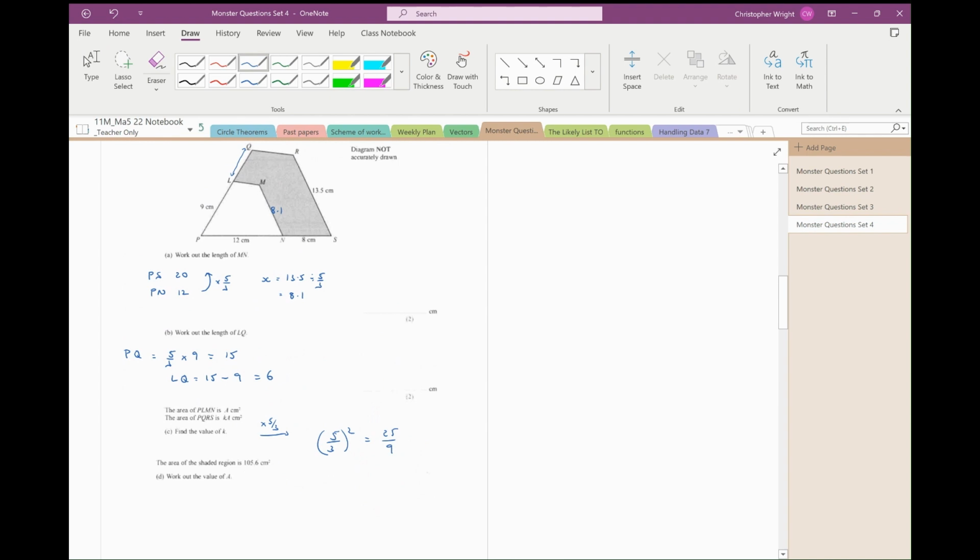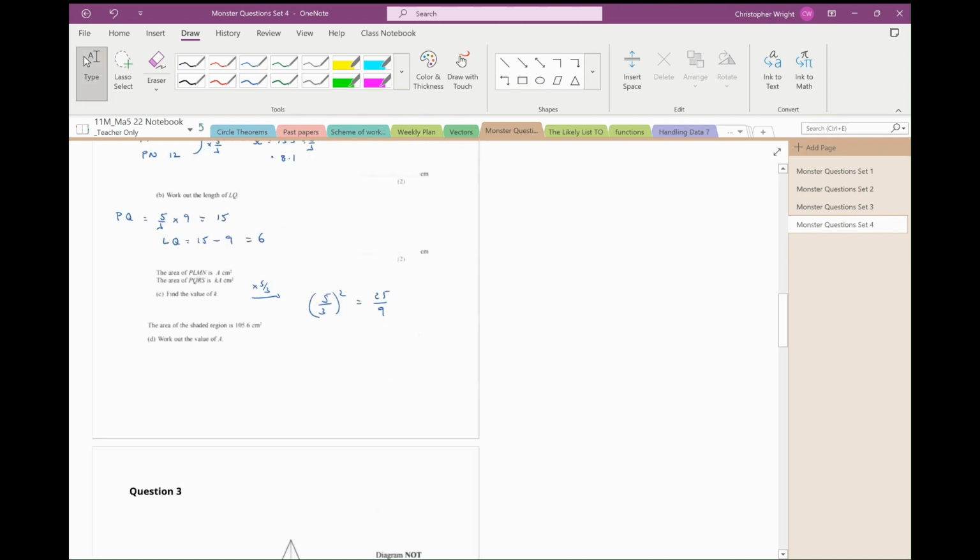Okay, well, the area of the shaded region is the difference between the larger area and the smaller area. The larger area is KA, so the larger area is 25/9 times A minus the smaller area, which is A. That's the difference between the larger and the smaller, and I know that equals 105.6. So there's an equation.